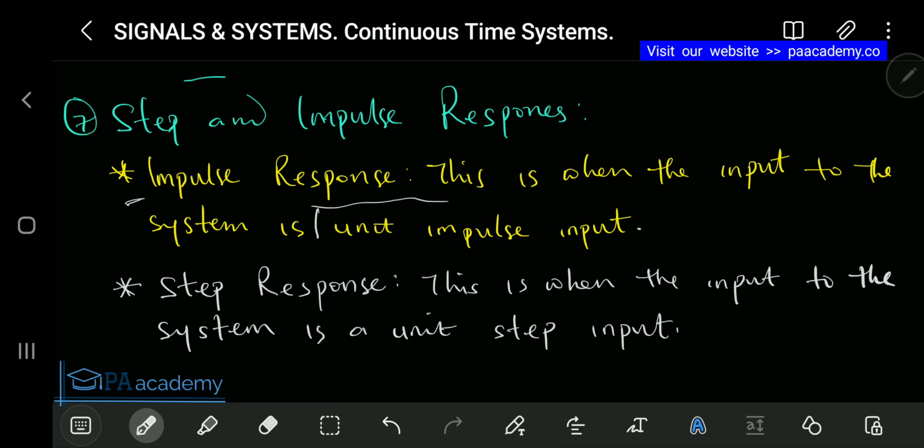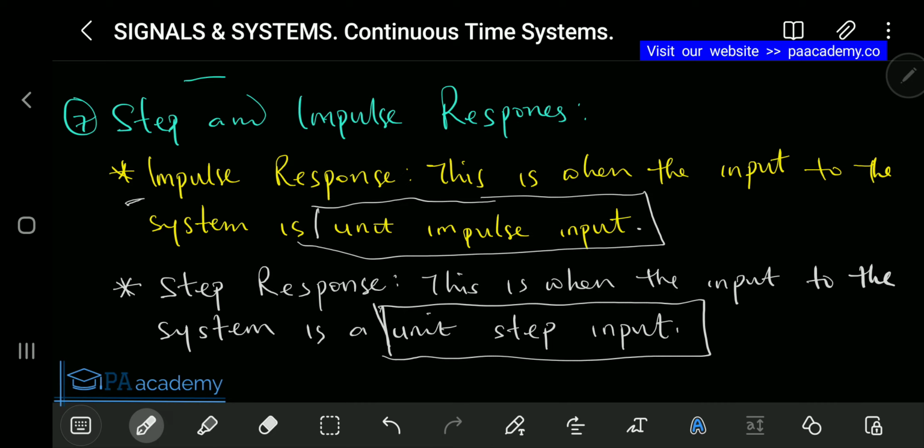Once the input is a unit impulse, you can call it an impulse response. For the step response, the input to the system is a unit step input. So the type of input into the system determines whether it is a step response or an impulse response.